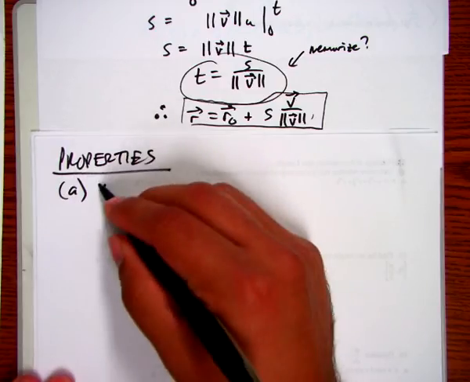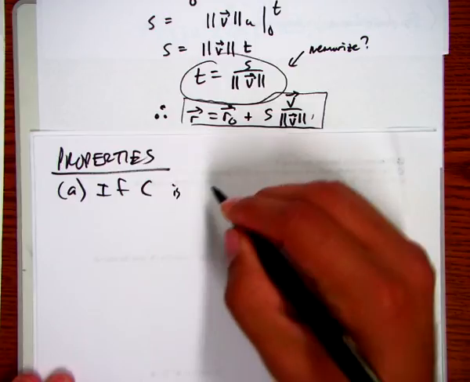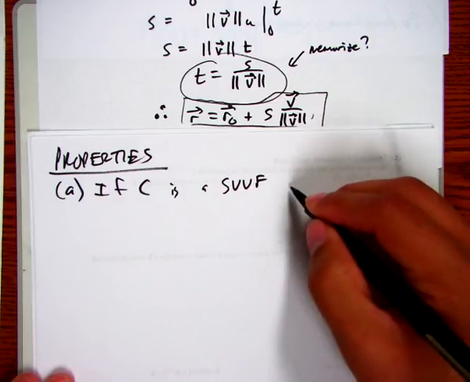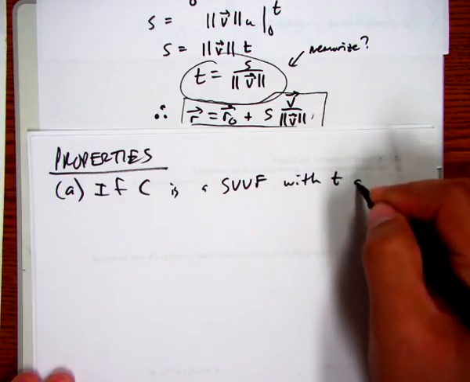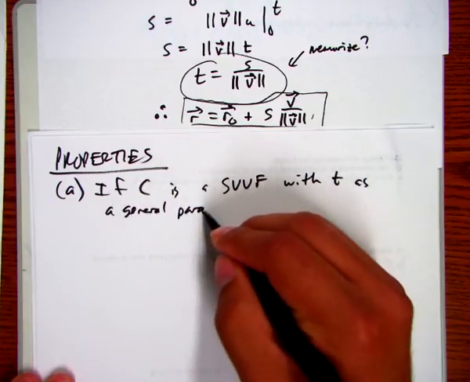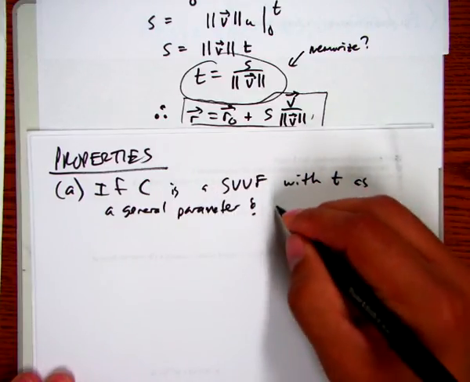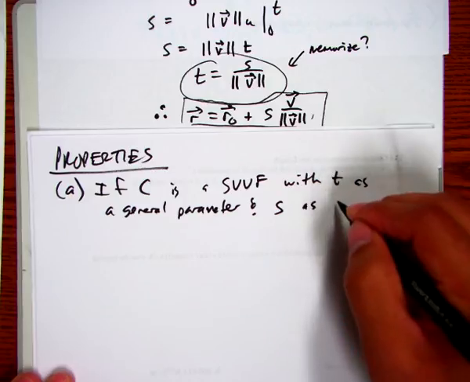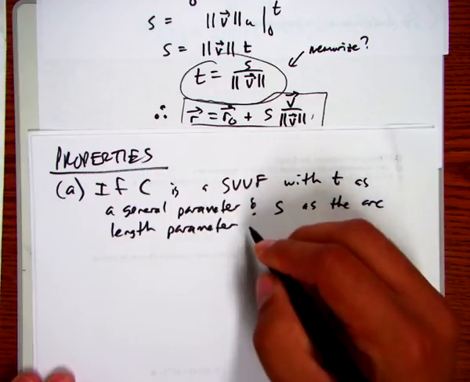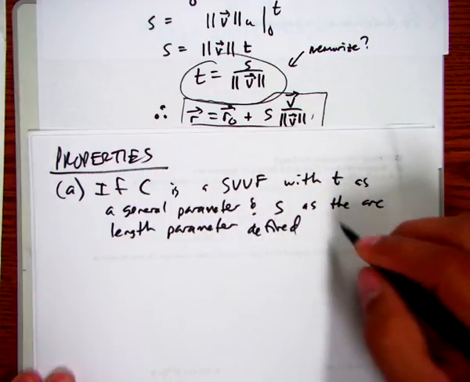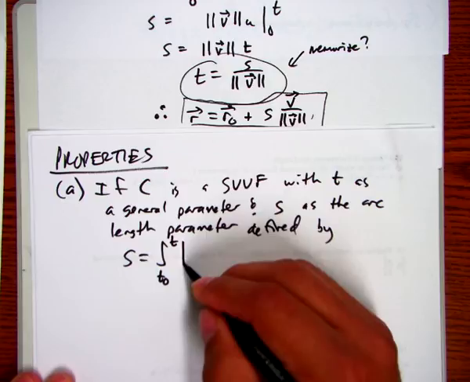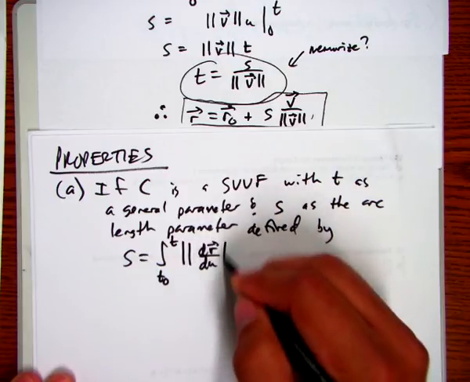First property. If C is a smooth vector-valued function with t as the parameter, as a general parameter, and s as the arc length parameter, defined by the formula we just talked about, s equals the integral from initial value of t to t of the magnitude of dr du with respect to u.